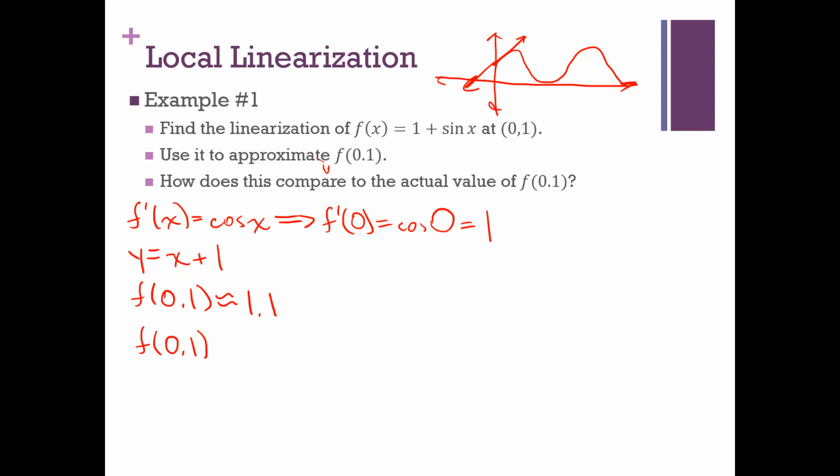So what is the sine of 0.1 plus 1? It's not that different. 1.0998. So as long as I stick to an area close to my point of interest, my base point, the approximations should be pretty faithful.